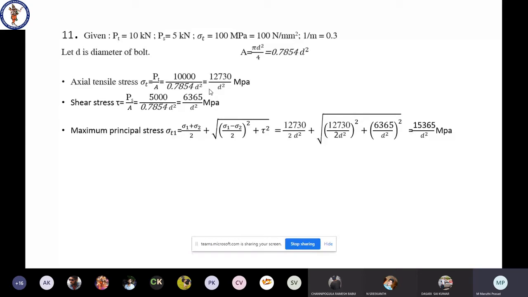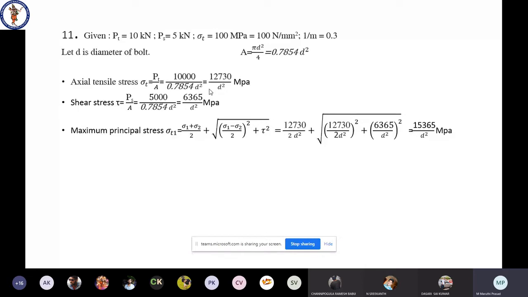Now here I don't have two tensile stresses. So sigma 1 is sigma t, sigma 2 is 0 and tau is available.